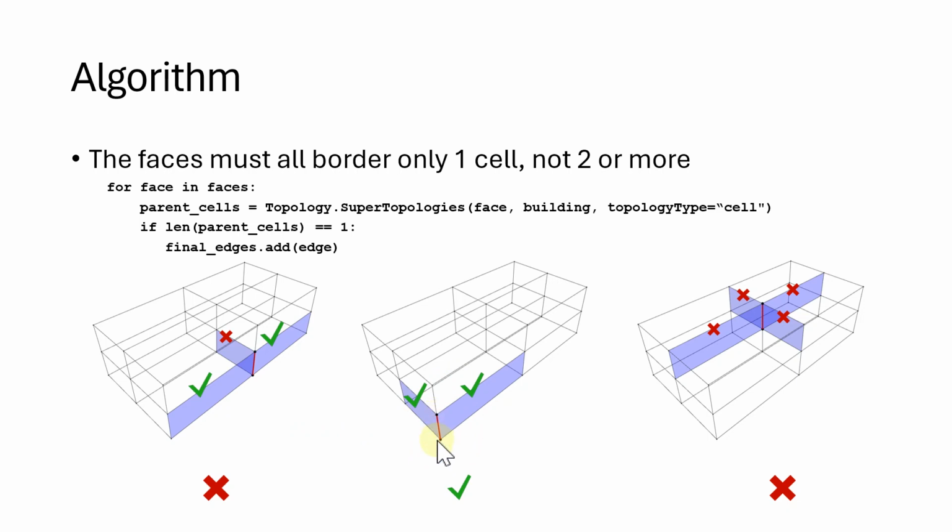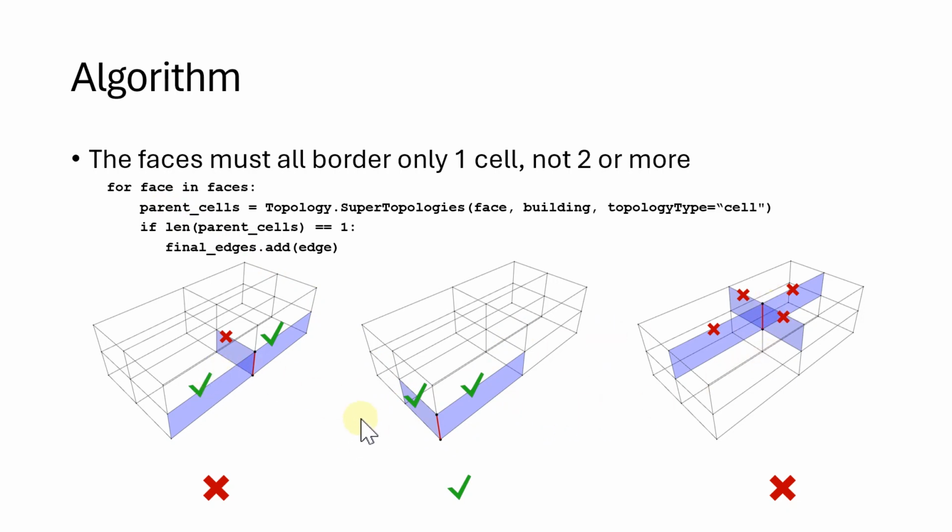So this vertical edge returned 2 faces. When we asked those 2 faces for their cells, each one of them returned 1 cell. In this case, of course, the same cell. But they all returned only 1 cell. If that is the case, if that meets the condition, we take that edge and we save it in a final list. I hope that is clear.